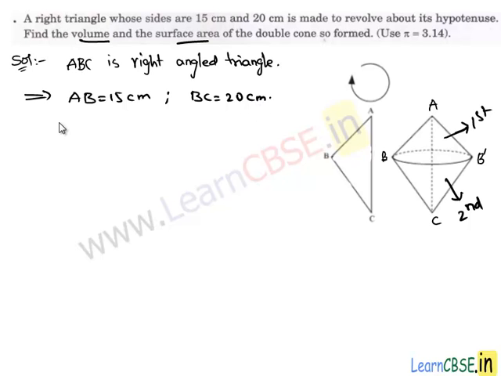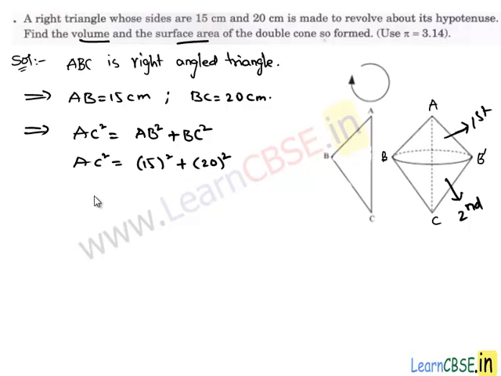Here, by using Pythagoras theorem, we can find out the hypotenuse of triangle ABC. According to Pythagoras theorem, the square of the hypotenuse is equal to the sum of the squares of the other two sides. Here BC and AB are two sides and AC is the hypotenuse, so AC square is equal to AB square plus BC square. Let's substitute the values. AC square is equal to 15 centimeters whole square plus 20 centimeters whole square.